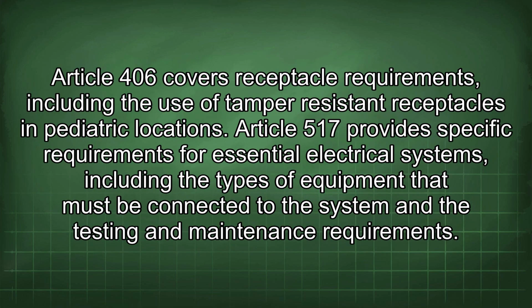Article 406 covers receptacle requirements, including the use of tamper-resistant receptacles in pediatric locations. Article 517 provides specific requirements for essential electrical systems, including the types of equipment that must be connected to the system and the testing and maintenance requirements.